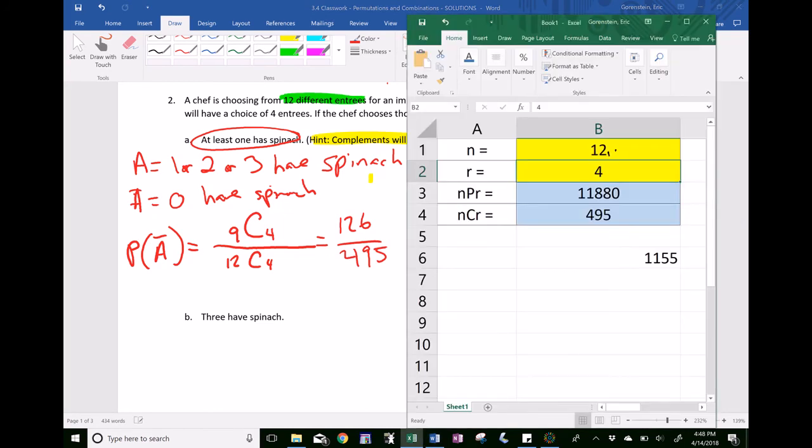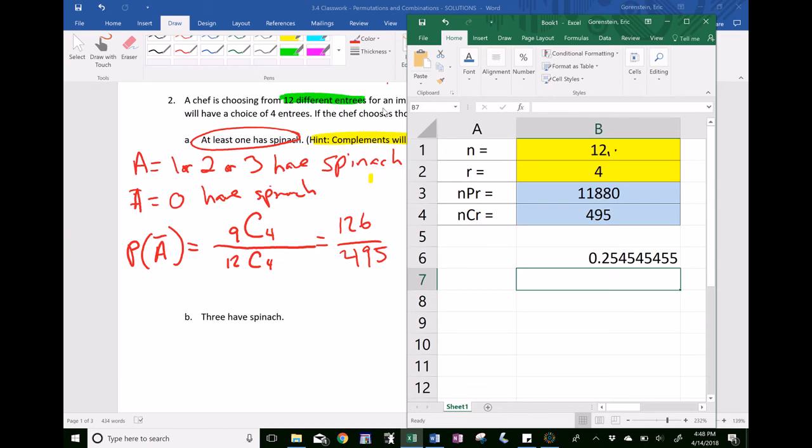And again, we could do our calculations in Excel: 126 divided by 495. Let's round this to 3 decimal places, 0.255. So this is the probability that our event does not happen.